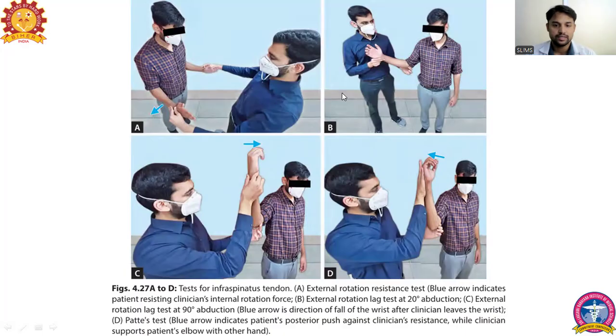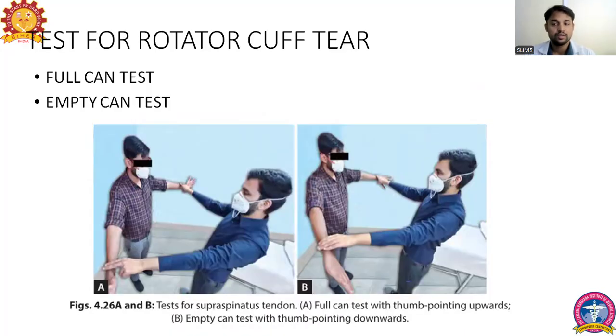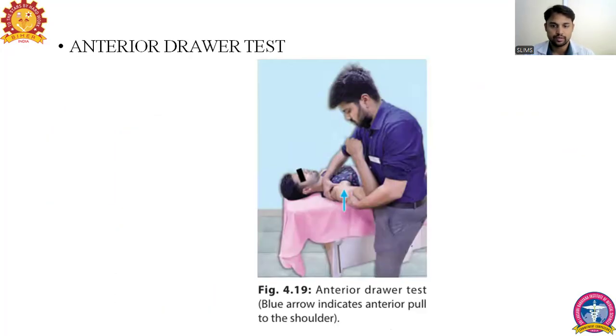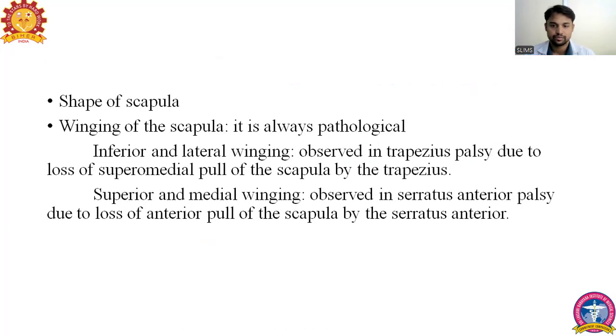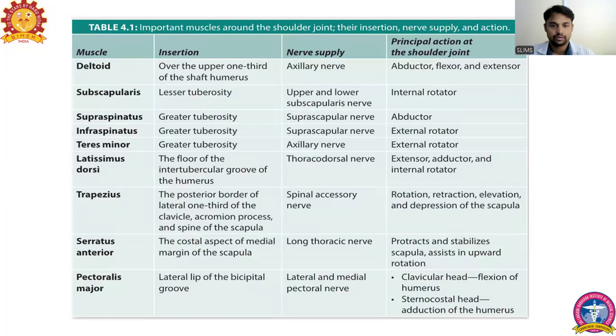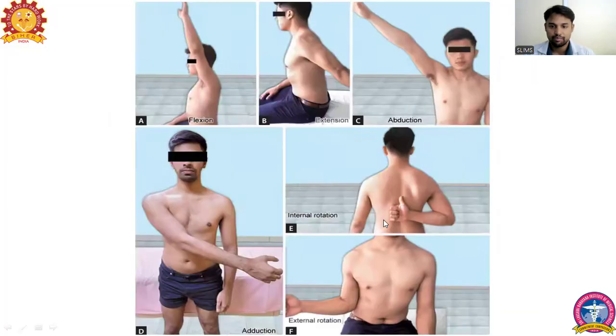And another test, this is just for internal rotation, to test the subscapularis muscle. Empty can is for supraspinatus. For subscapularis, you should ask the patient to do like this: internally rotate and touch the dorsal spine, and you should give some pressure over the hand and ask the patient to lift off the hand.